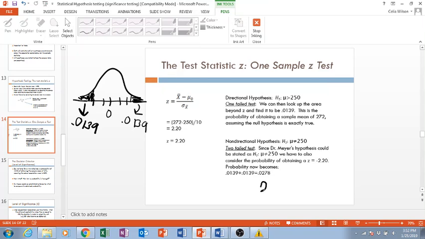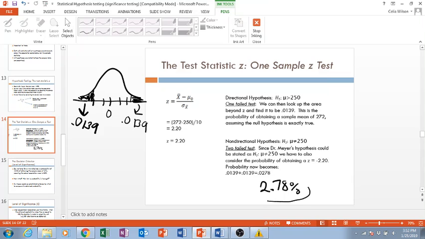So this is, if we were converting it, 2.78%. Right? So the probability he would have gotten the sample mean he got, which was 272, if the hypothesis is true, is 2.78%. Well, that's not very likely, is it?